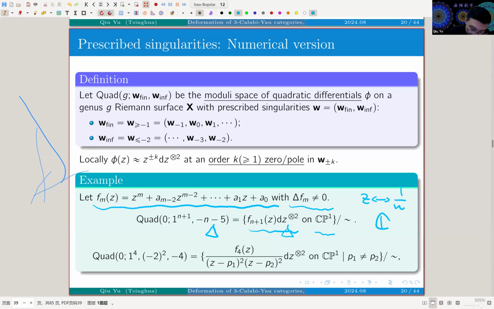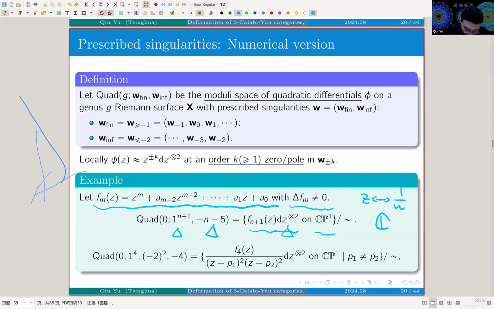And for this polynomial, because the discriminant is non-zero, you know it has, say, here m equals n+1, m simple zeros. And this is on CP1. So a polynomial, you can think of this as a quadratic differential on CP1 given by this form.